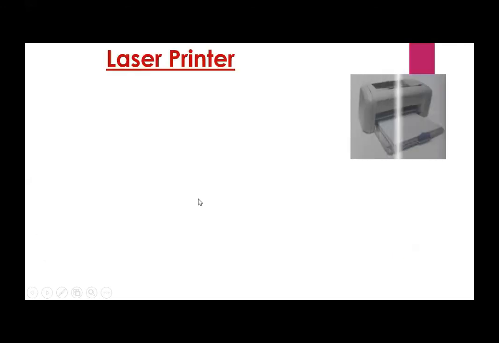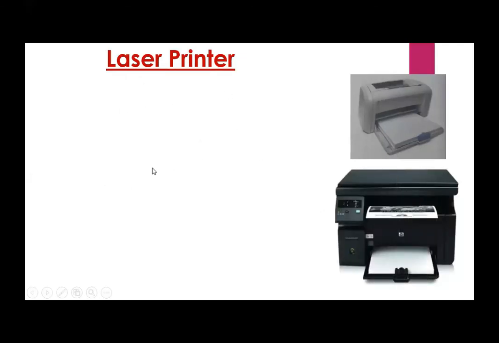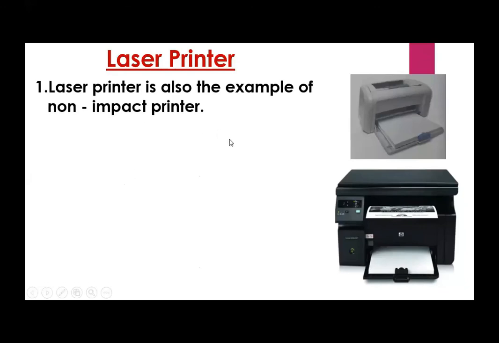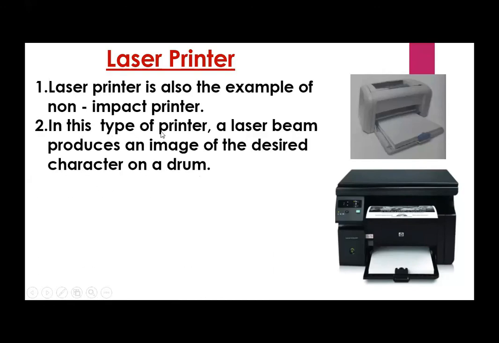Now the next one, and this is the last one, is the laser printer. This is a picture of a laser printer. It is an advanced printer. Nowadays we are using laser printers. Laser printer is also an example of a non-impact printer. In this type of printer, a laser beam produces an image of the desired character on a drum.